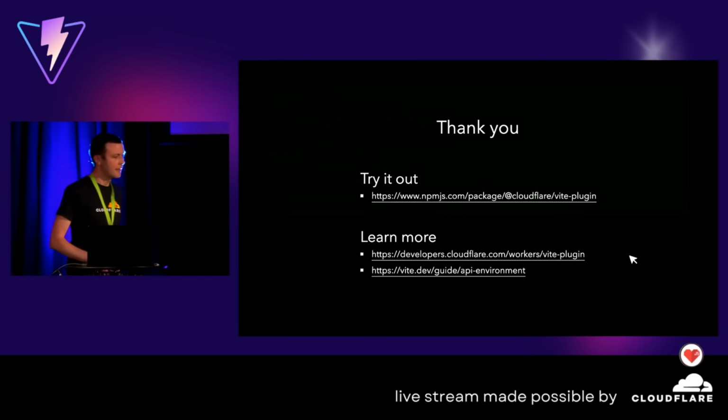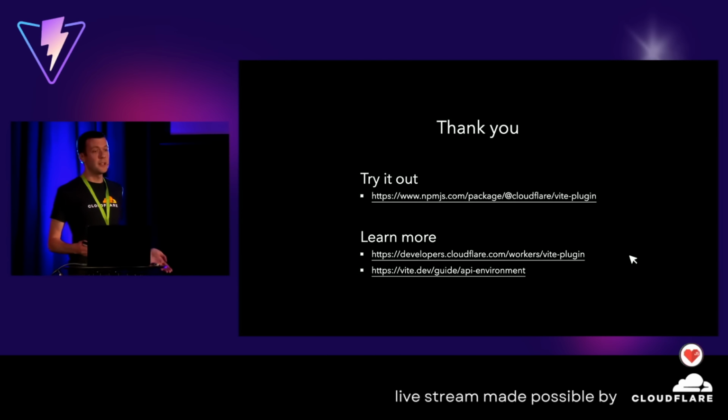I want to say a big thank you to the Vite team who've worked tirelessly on this Environment API and really communicated with framework authors, with platform authors like us at Cloudflare, and with the community. And I think this is looking to go stable relatively soon.